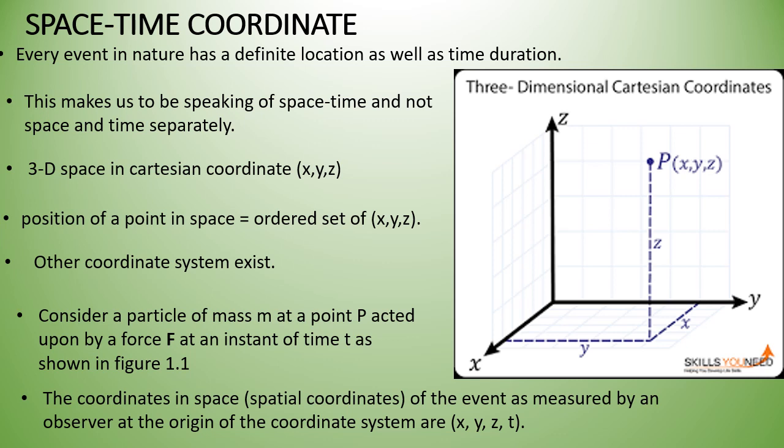By describing the point P, we see that the position of a point P in space is another set of x, y, z, the three coordinates. However, we have other coordinates, but for simplicity, we are using three-dimensional Cartesian coordinates.